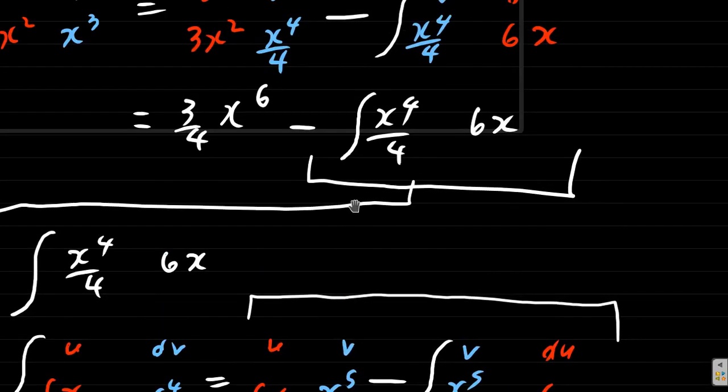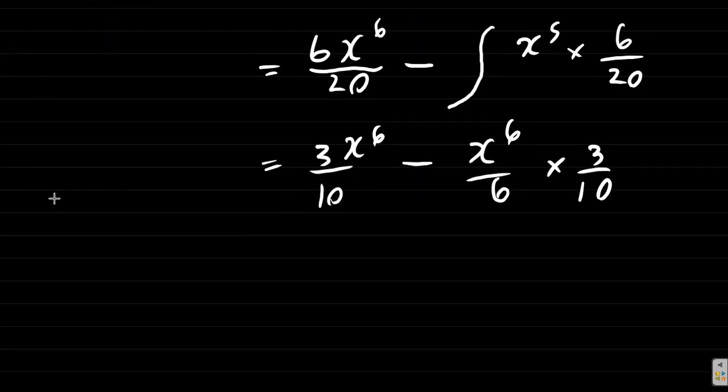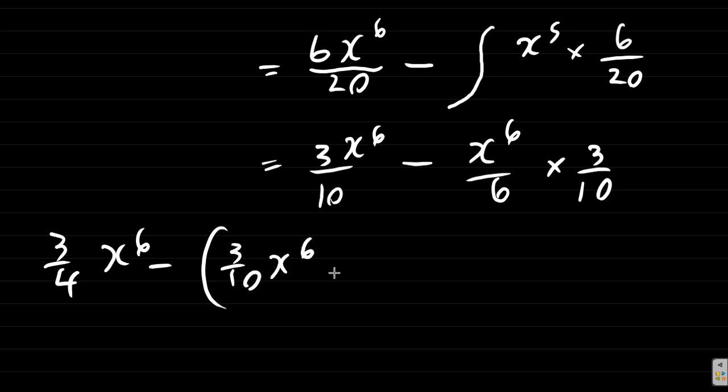Now, what we have is 3/4 x to the 6 minus all of that. So it's 3/4 x to the 6 minus, open bracket, let's place this in the bracket, 3/10 x to the 6 minus, what we deal with this now, 3 in the 3, 1. 3 in the 6, 2. So it's x to the 6 over 2 times 10, 20. Alright?